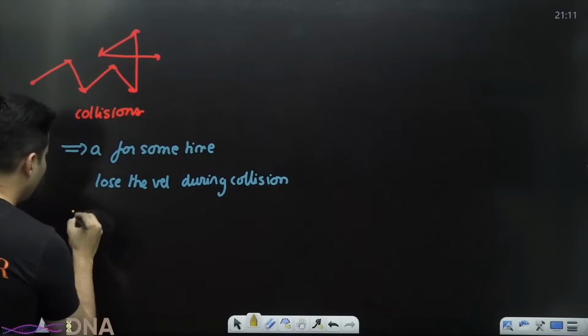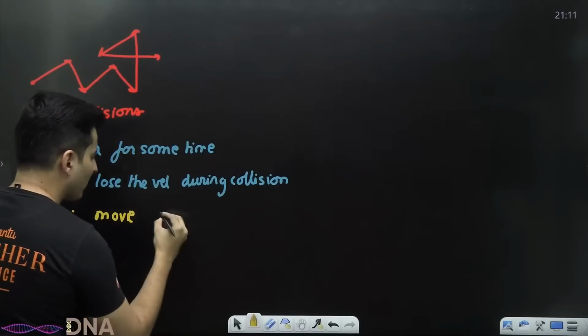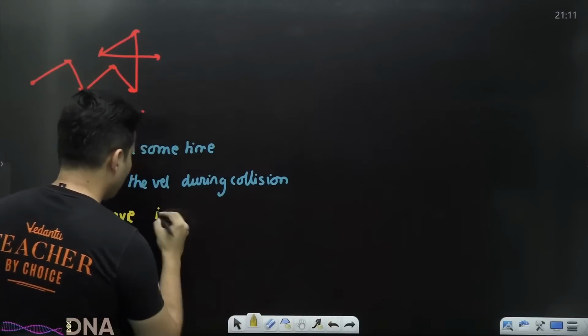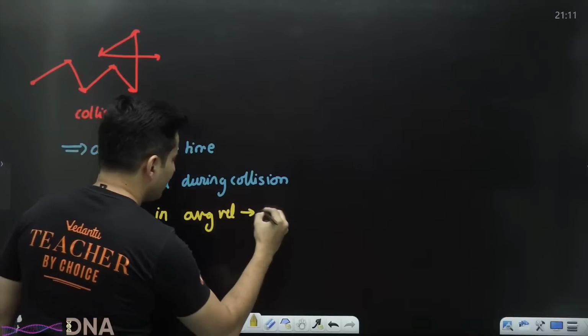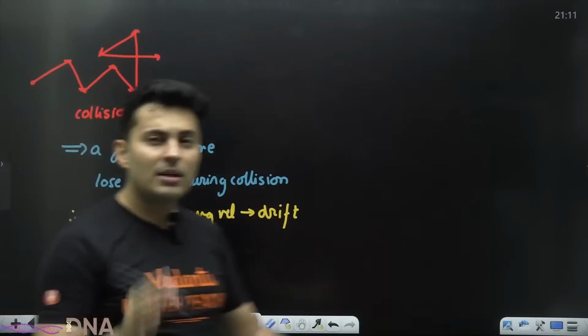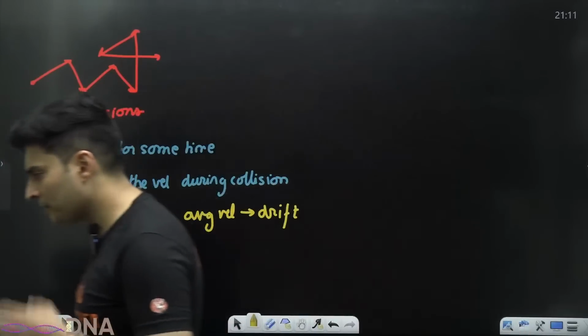Therefore they end up moving in an average manner. They move with an average velocity, which is basically called your drift velocity. Everybody agrees with this? Everybody remembers this logic?